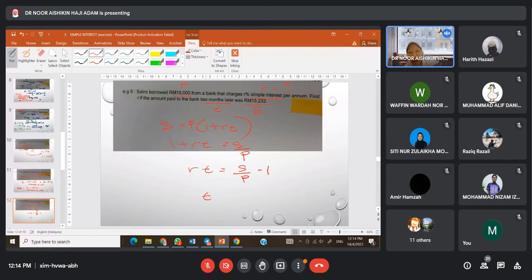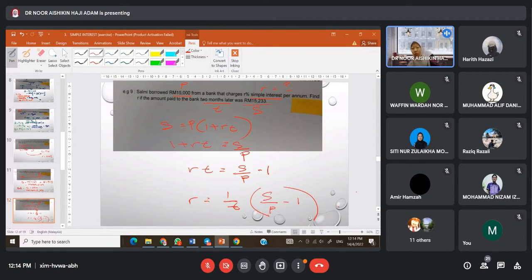And you want R, so R equals to 1 over T because the operation on the left is times. So when you move T to the right, it will be divide. So 1 over T times S over P minus 1.